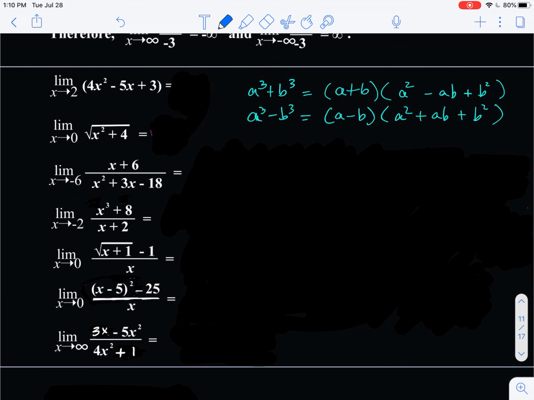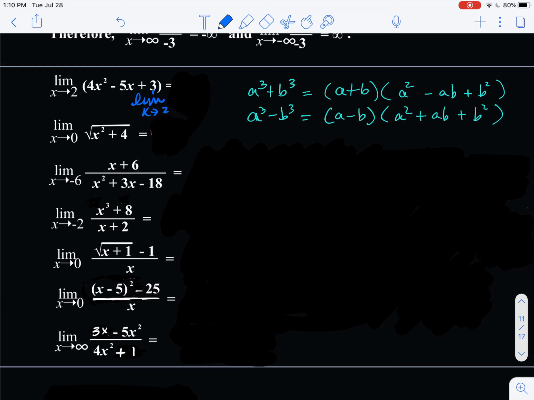Okay, we're going to skip down to some other algebraic problems. We're going to cover some of these in my next video, but here are some other algebraic problems that I wanted to review. So this first one, the limit as x approached 2 of 4x squared minus 5x plus 3. Let's just try direct substitution.